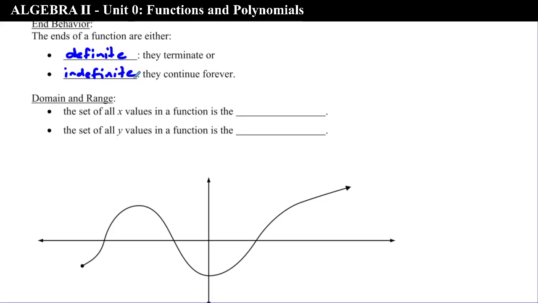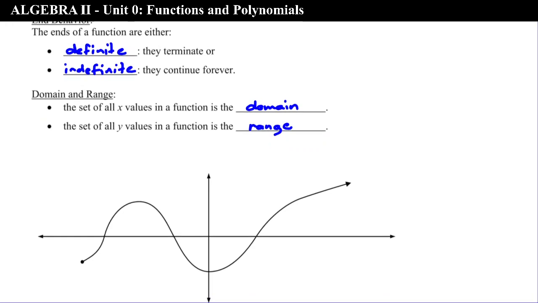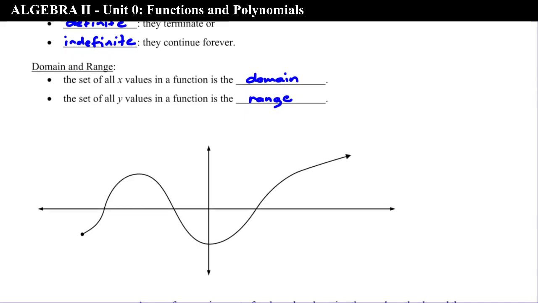Okay? So the domain and range, we talked about this toward the beginning of this video. It's the set of all x values. That's our domain. And the range is our set of all y values. And we can actually look at both our end behavior and our domain and range on this next graph. Now this is the same graph that we were using for the last two pieces, okay? So here's our indefinite end. In fact, let me draw this just so it's a little clearer.